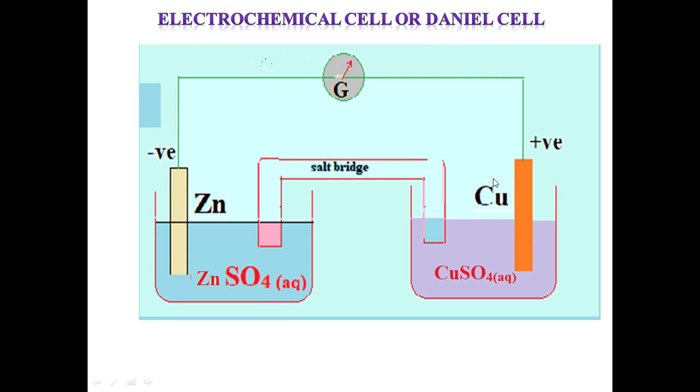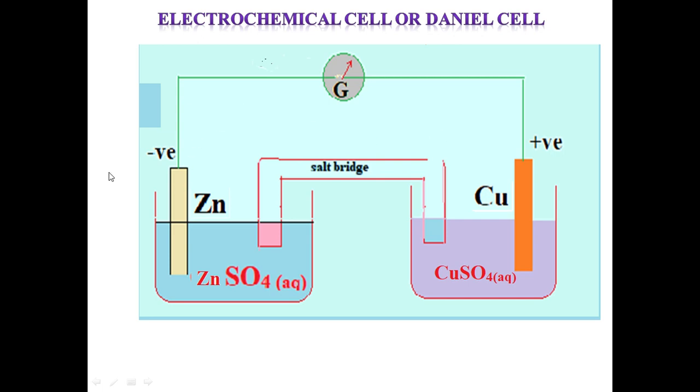Why do we need different types of electrodes here? Because this electrochemical cell undergoes redox reactions only if the reactivity of both the elements is different.